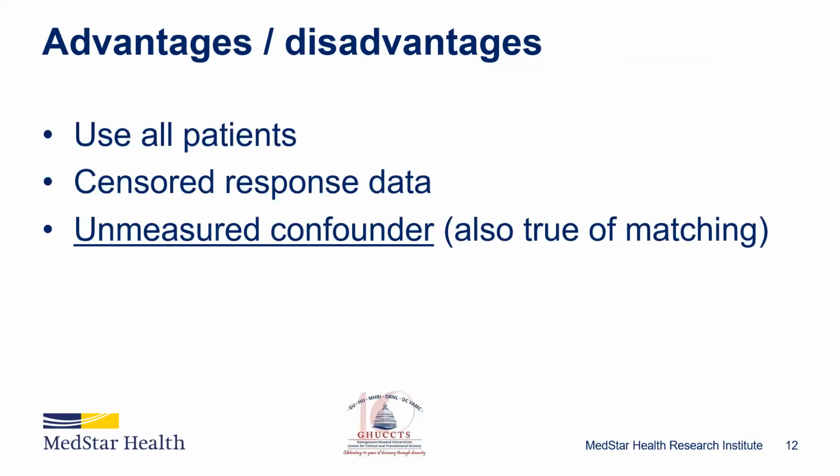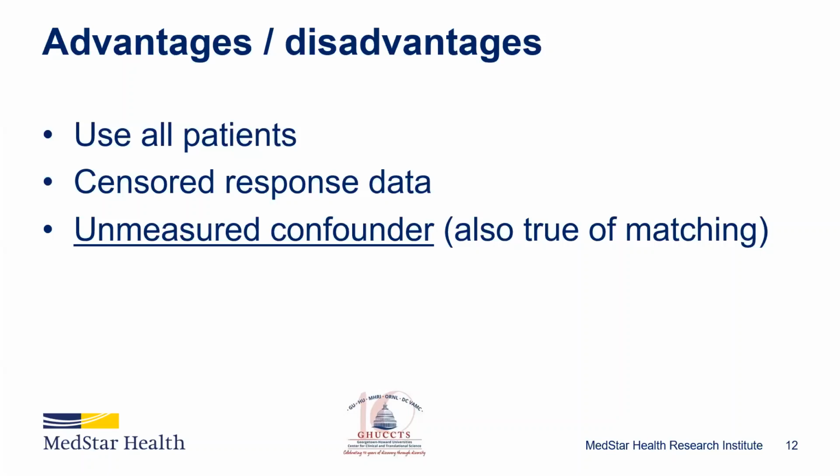So the advantage, of course, of inverse weighted propensity scores is that it uses all patients, because all patients will have an inverse propensity score. You can use it for censored response data. The problem, though, with propensity scores, and this is true of matching as well, is if you have an unmeasured confounder.